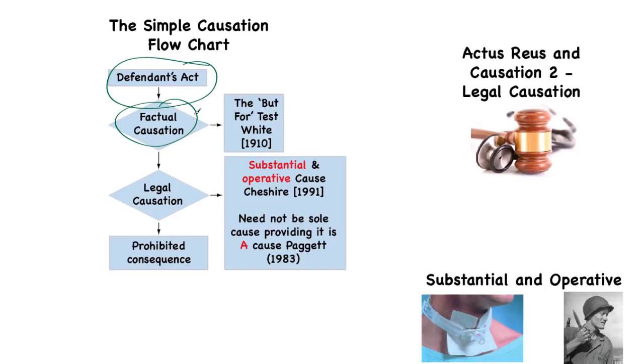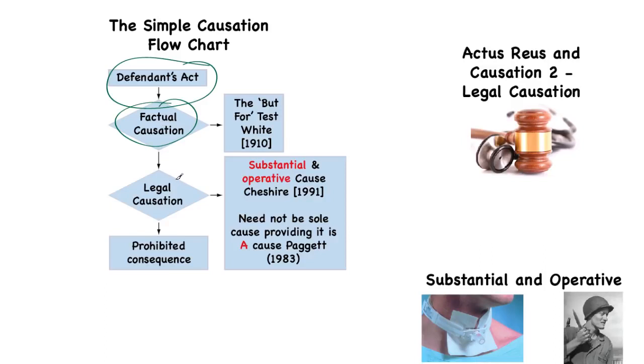The next stage, once we've shown that that's the case and the defendant has failed or passed, depending which way you phrase it, the factual causation or the but-for test, we look at legal causation. So was the defendant, or is the defendant now, having been proved to be factually the cause, are they the legal cause?